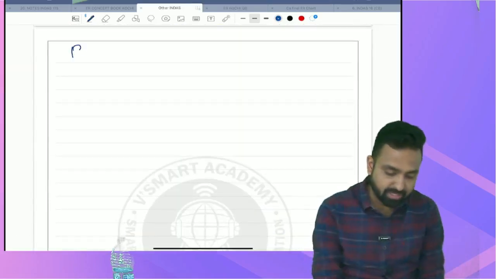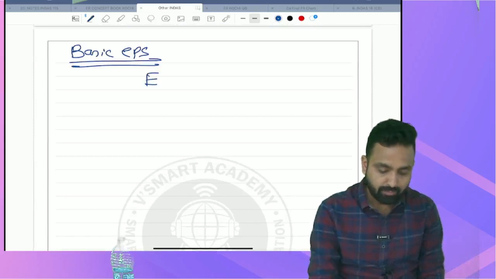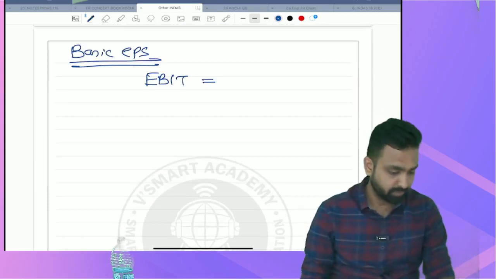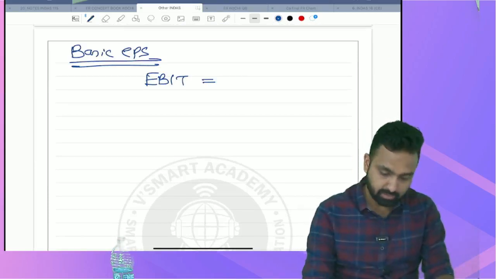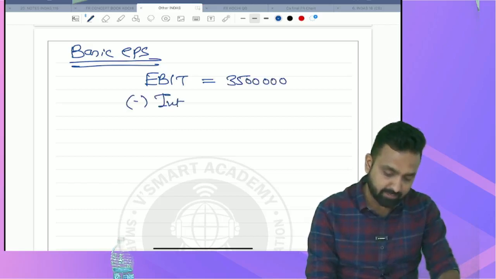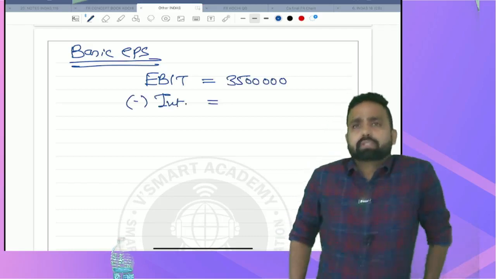Now, let's calculate basic EPS. Tell me, what is EBIT? 35 lakhs? Minus interest. Do it. You have workings, every working you have.